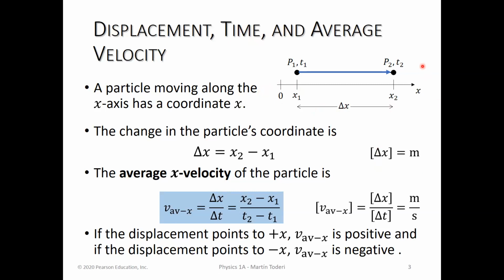Here, our system of reference is just a one-dimensional system of reference, which is the coordinate system, and it's shown by this arrow here. So we have the origin at 0 and the x-axis, which is going to the right. That will be our system of reference.